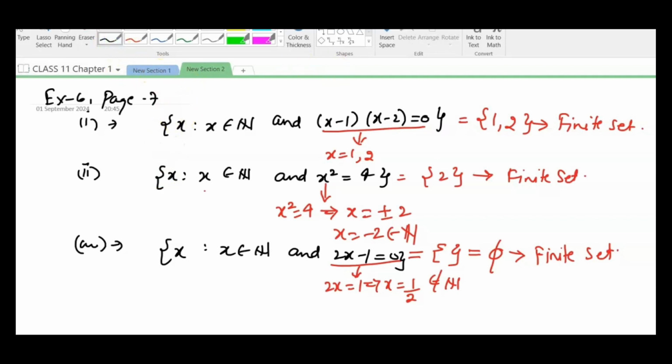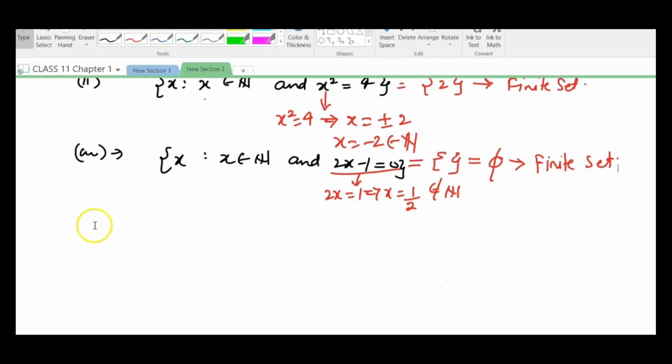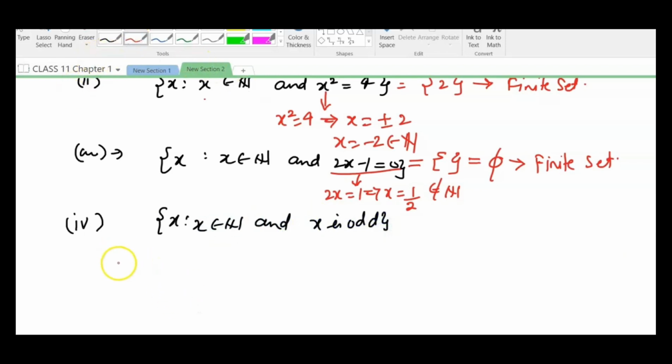Let's see the next example. The set is x such that x is a natural number and x is odd. So we know what this set is. This is the set of all odd natural numbers. So this is 1, 3, 5, 7, and so on.